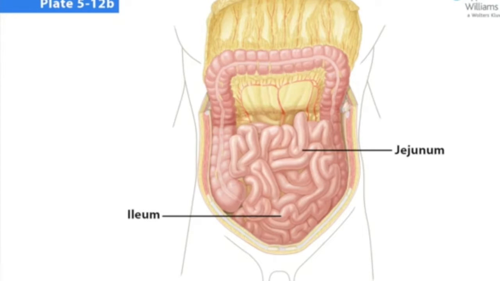There is no clear line of demarcation between the two parts, just a long transition zone where the set of characteristics representative of the jejunum fade as the set of characteristics representative of the ileum develop. Some of the distinguishing features of the jejunum and the ileum appear to be related to differences in their functions, while others are a bit of a mystery.